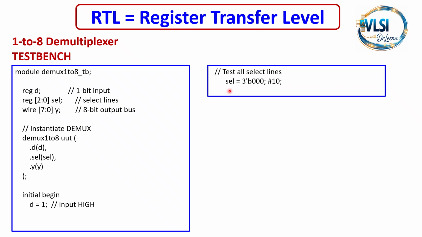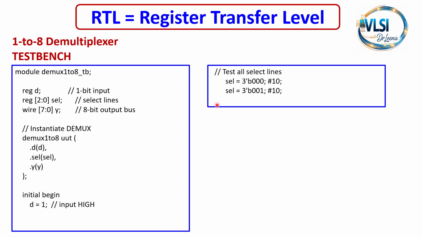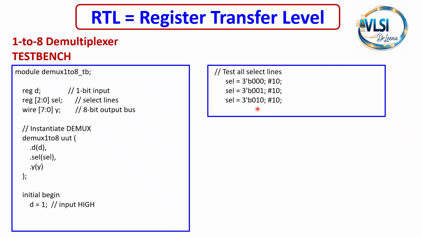The first thing is when sel is 0, 0, 0, it selects the output Y0 and waits 10 time units to observe the output. And next, when sel is 0, 0, 1, it selects the output Y1 and waits 10 time units to observe the output. Similarly, when 0, 1, 0, it selects the output Y2 and waits for 10 time units for observing the output.